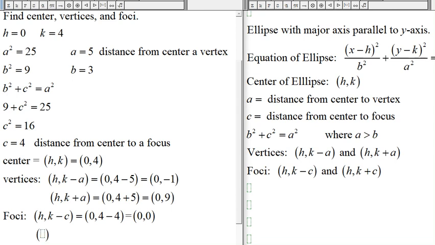And the other focus will be h. So this would be 0, and then 4 plus 4, which is 0, comma, 8. So the two vertices will be at 0, negative 1, and 0, 9. And then the two foci will be at 0, 0, and 0, 8.